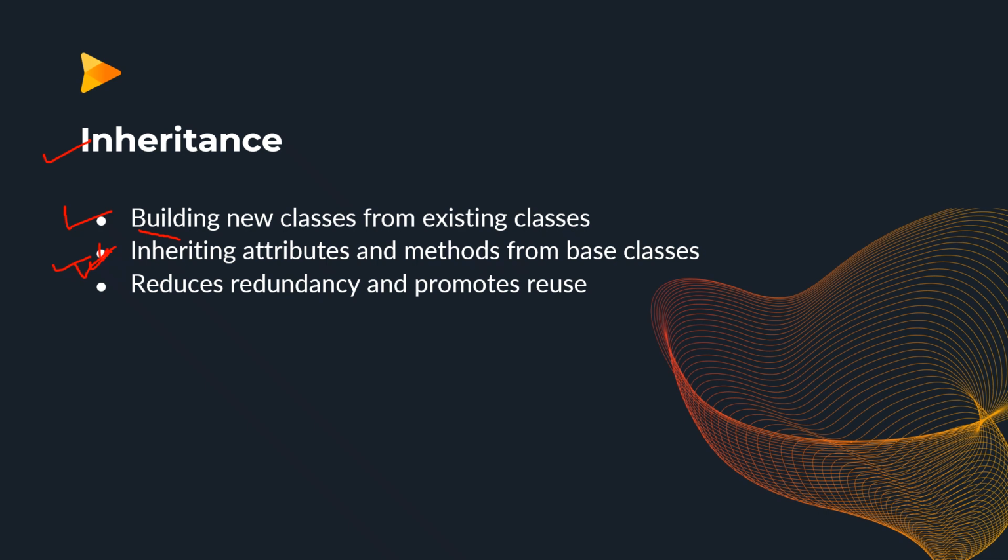You may also have seen this in your biology, and this is based on that principle. It is used to reduce redundancy and promotes reuse, so we can reuse the block of code again and again.